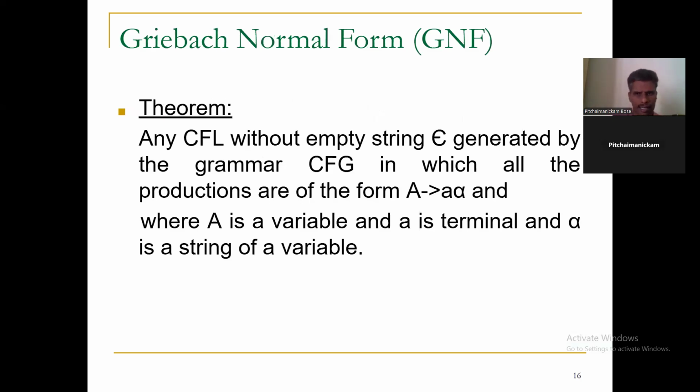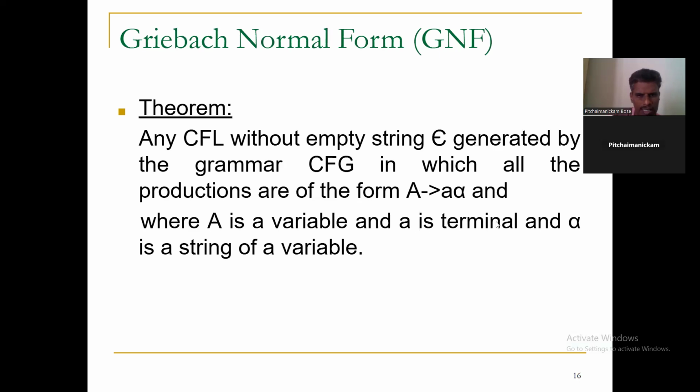Before solving this problem, we need to recall the theorem. The Greibach normal form means any CFL without the empty string is generated by the grammar G in which all the productions are of the form A tends to a alpha. What is the meaning of this? In the right hand side, each production should start with a single terminal.